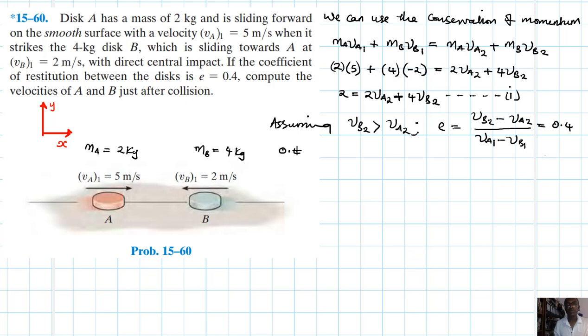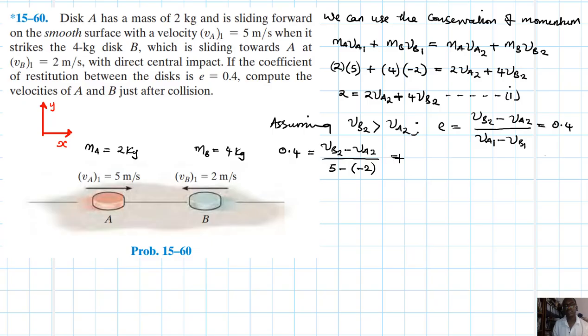Therefore, 0.4 is equal to vB2 minus vA2 divided by vA1, which is 5, minus vB1, this one is going in the opposite direction, so it's minus 2.